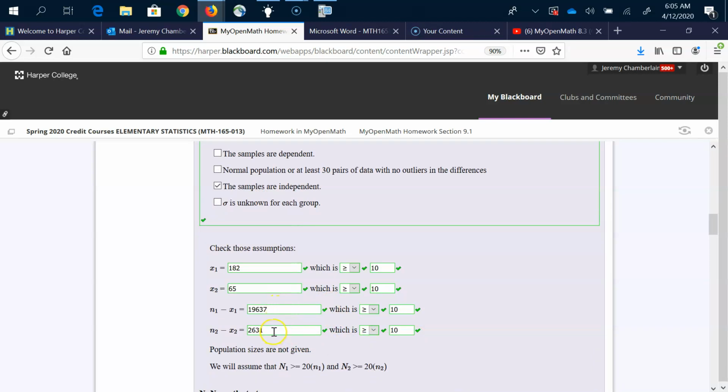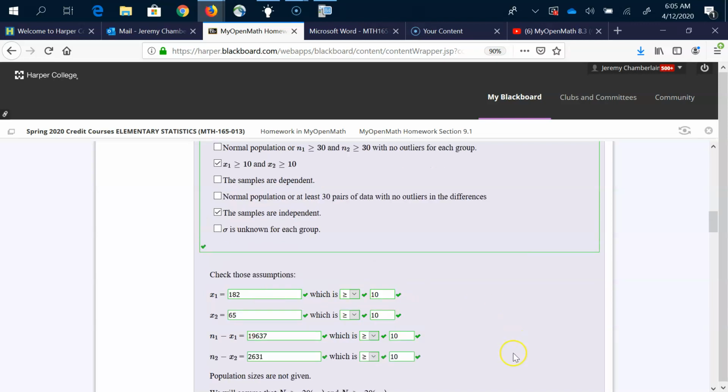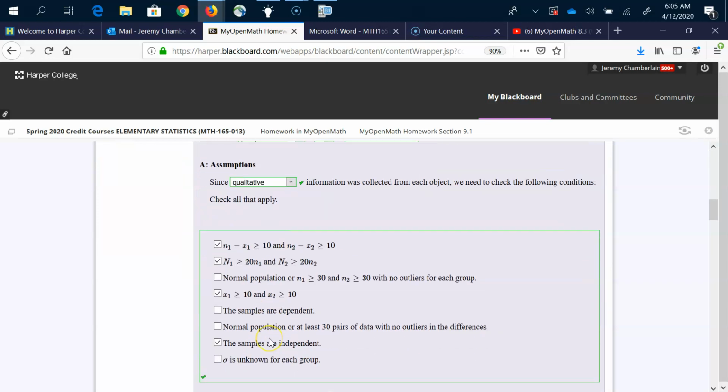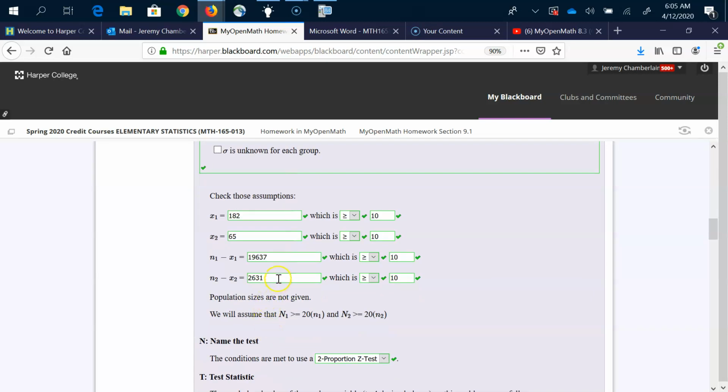For the second sample, I took the sample size, 2,696, minus 65 with autism, which is the number without autism. And that's how I arrived at 2,631. Again, both of these numbers are bigger than or equal to 10.